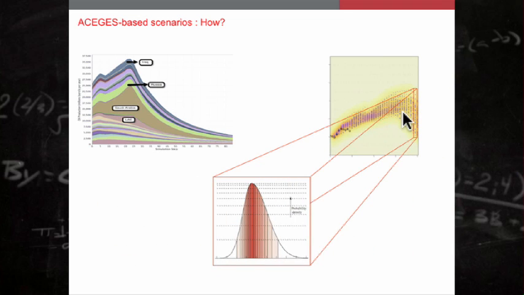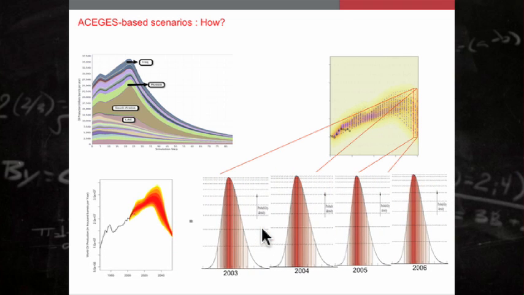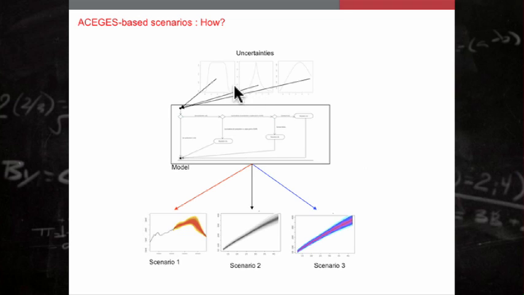We run that 100,000 times, and we come up with a distribution for a particular year. And we do that for all of the years, so for the next 40 years. And that comes up with that figure that shows the distribution and the risk for every single year for the next 40 years. So the way we do that is by replacing the points with distributions.